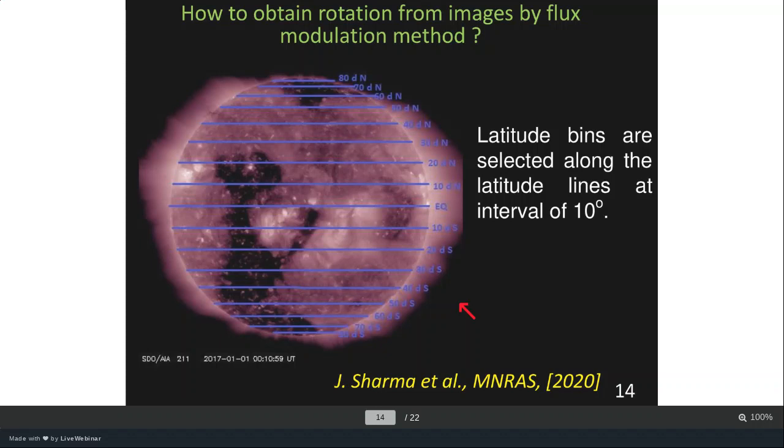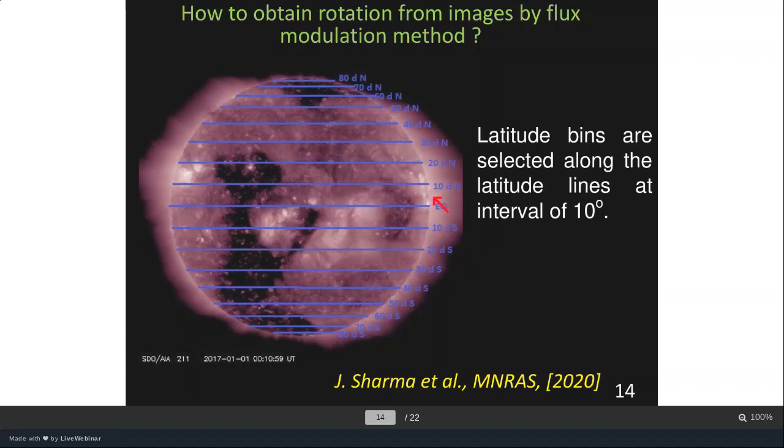So we can extract the flux or emission from these strips. So what is the flux here? I want to introduce the flux. The mean of pixel values in the corresponding latitude is called the flux. Suppose this is the equatorial strip. It has thousands of pixels. So the mean of these pixel values is called the flux extracted from the equator.